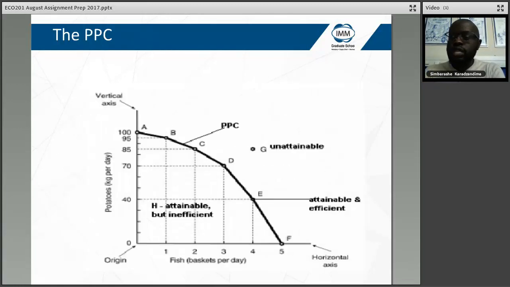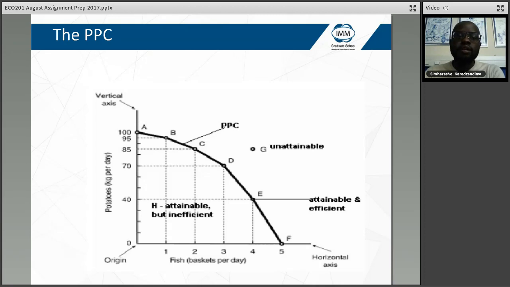When you look at the PPC, which is what is in our assignment, it is important to first understand what a PPC is, because from the definition of the PPC, that is where you're going to get an understanding of everything that is associated with it.